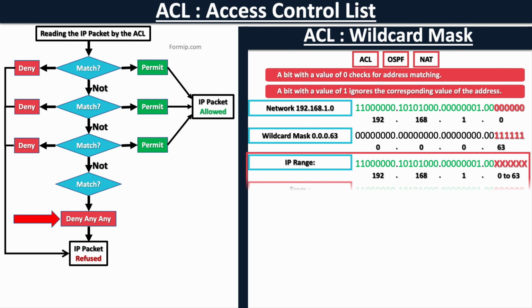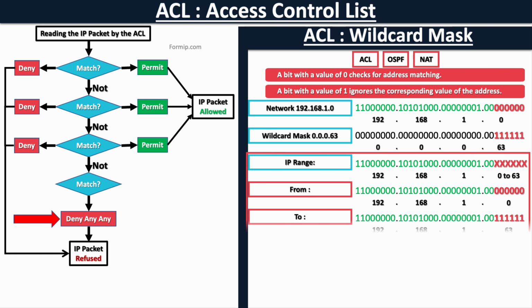Each bit of the address that corresponds to a bit at 0 in the mask will have to be identical to match the network. In this example, only the last 6 bits of the address can vary. All addresses that start with the binaries shown in green will therefore be part of the IP range. That is to say, from 0 to 63.